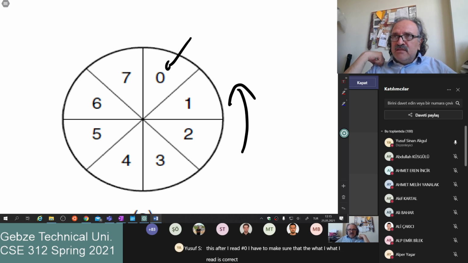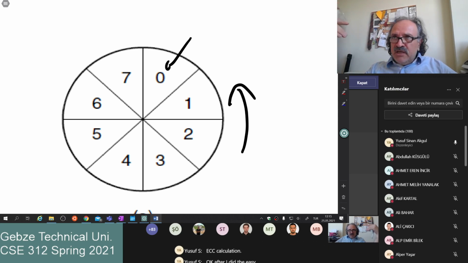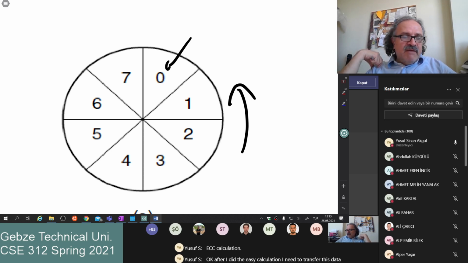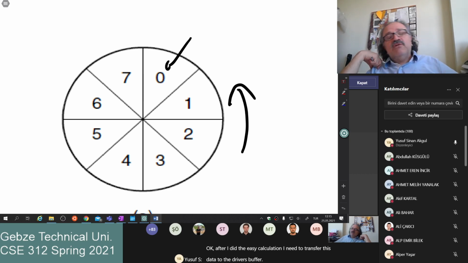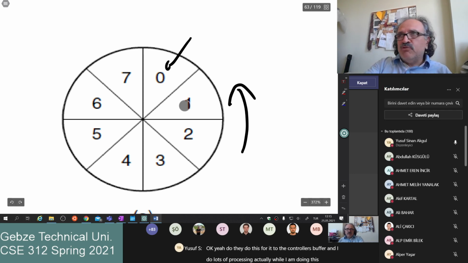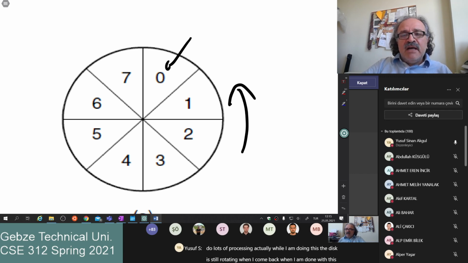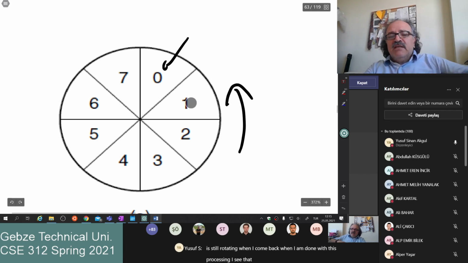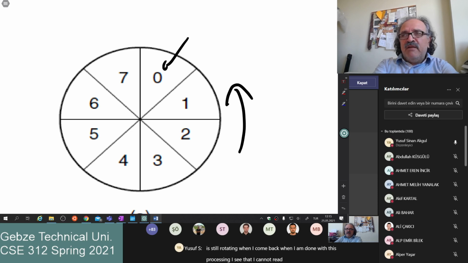So I have to make this checksum calculation, ECC calculation. After I did the ECC calculation, I need to transfer this data to the controller's buffer, and I do lots of processing. Actually, while I am doing this, the disk is still rotating. When I am done with this processing, I see that I cannot read sector number 1 anymore because it is gone.